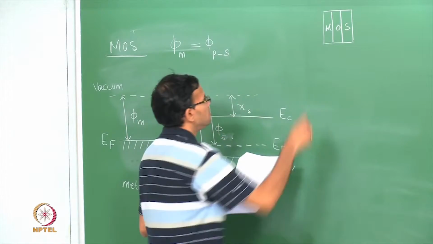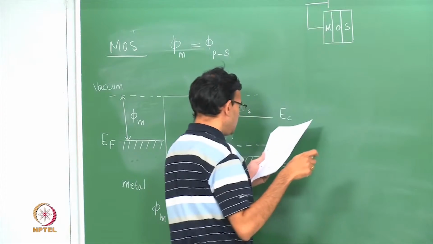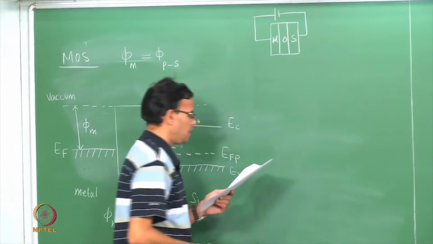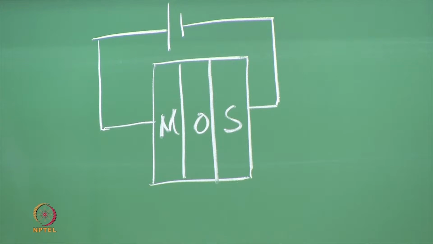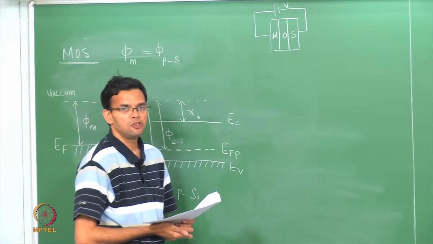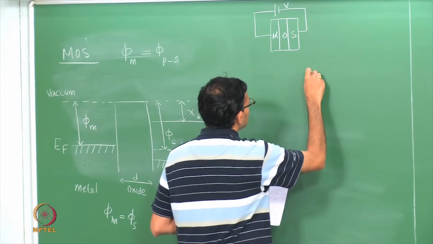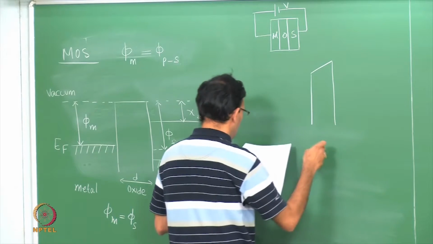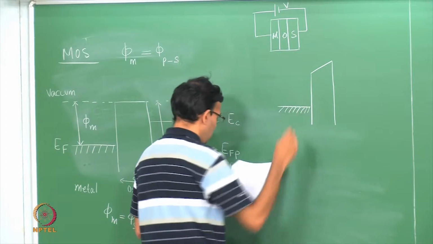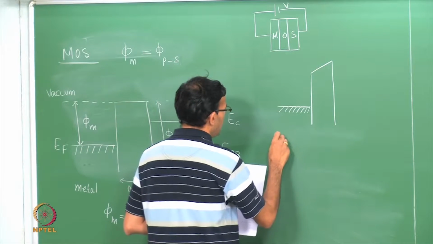We are going to bias this in such a way that the metal is connected to positive and the semiconductor is connected to negative, some voltage V. If we were to draw the band diagram in this case, we are applying an external potential so that the Fermi levels no longer line up.